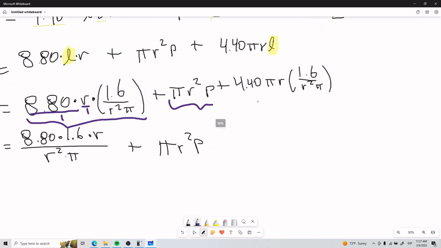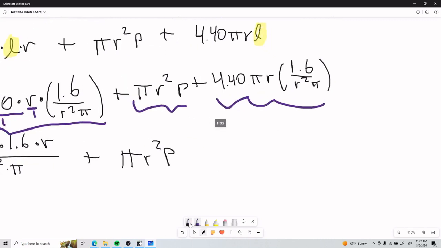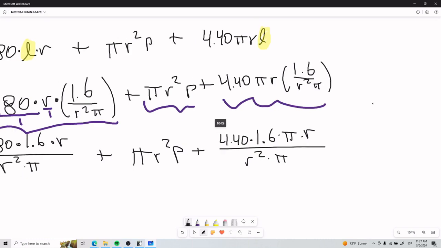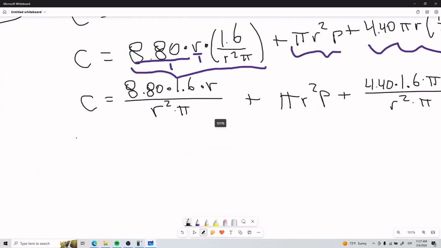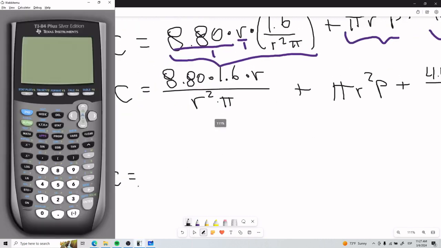And here on the right side, a similar idea. I end up with 4.40 times 1.6 times pi times R. And over here, I have R squared times pi. All right, so now we're nearing the end of this exercise. So on the one hand, I can do this famous 8.8 times 1.6, right?